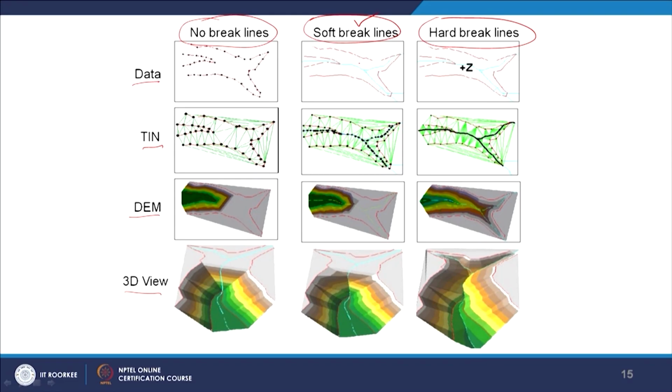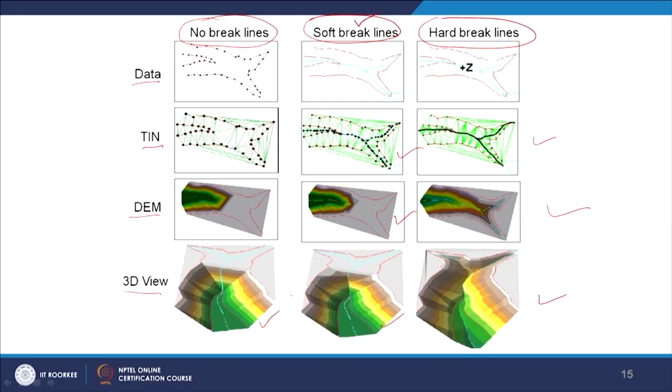As you can see with the different options, the input data is the same, but when soft break line and hard break line options are taken, the generation of the digital elevation model, the TIN and their 3D perspective views are completely different. And if you compare with no break lines, all are different.